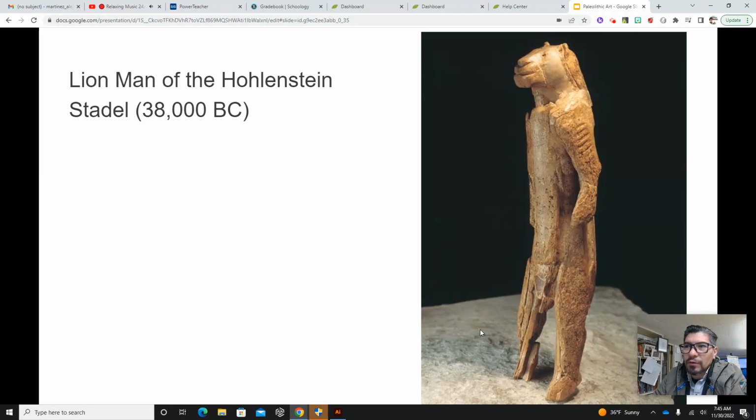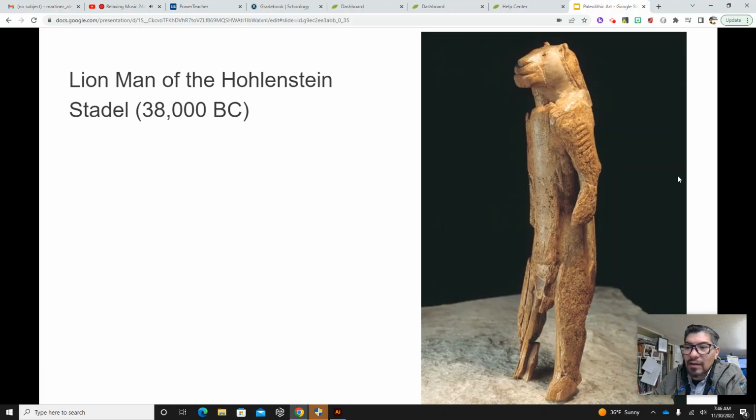Now, this is an example of a sculptural artwork. It's showing a lion's head. This is Lion Man of Hohenstein in Stadel, which is in the same North Europe area. This is a lion head on what would be a tusk of a mammoth, and it's carved super carefully for its age.